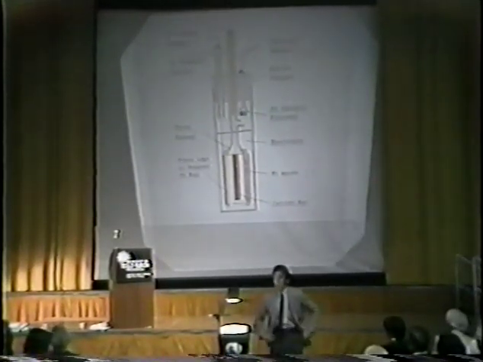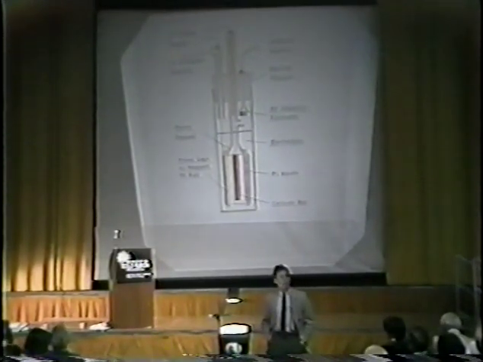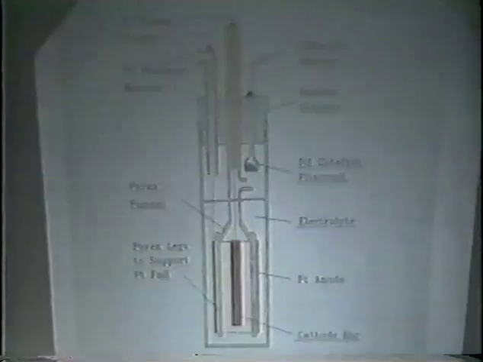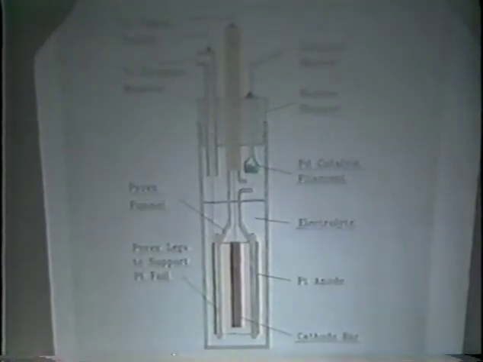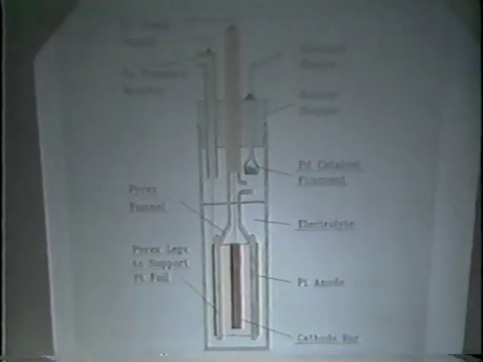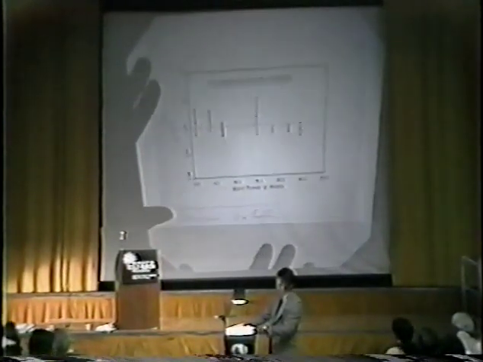What we do then is a calibration with 2 platinum electrodes. We turn the catalyst on and we run for very long periods of time, taking data continuously. To summarize this calibration data, I've defined a quantity which I call kappa.